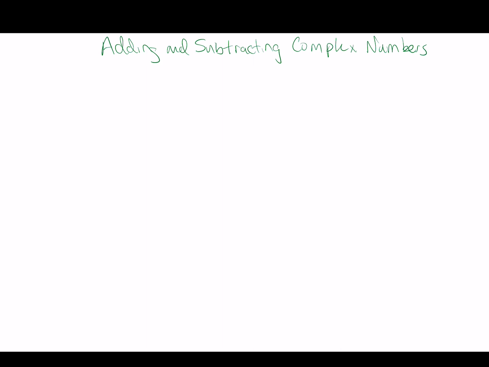Let's move on to discuss adding and subtracting complex numbers. Just like with real numbers, we can add, subtract, multiply, and divide with complex numbers. Let's first start with addition and subtraction. Let's consider 2 different complex numbers, a plus bi plus c plus di.